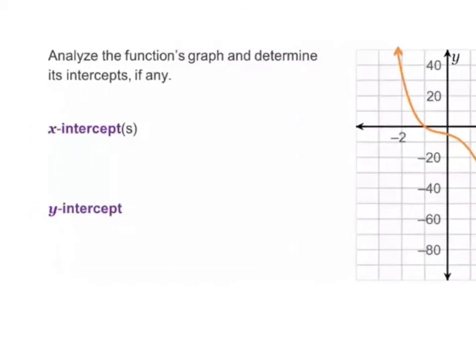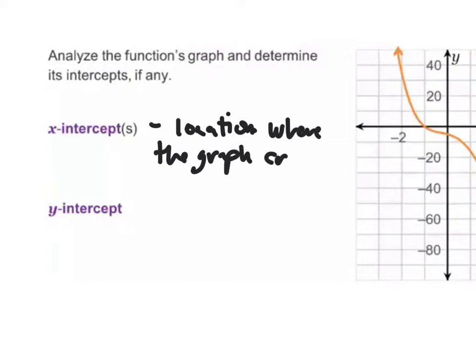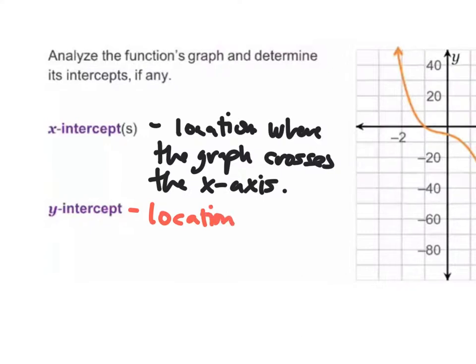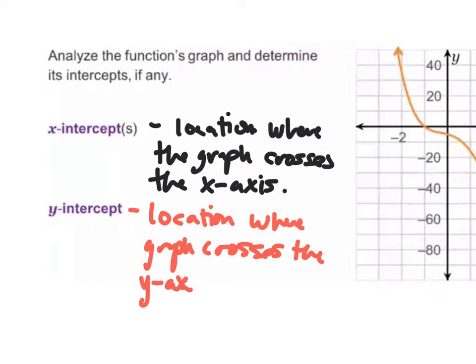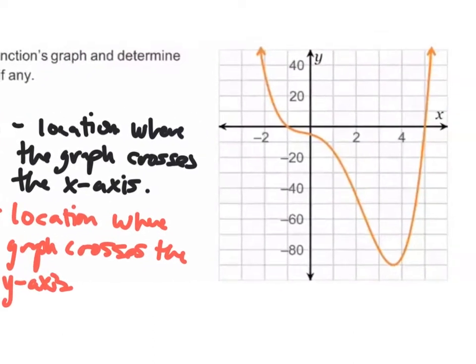The x-intercept is the location where the graph crosses the x-axis, and then the y-intercept is the location where the graph crosses the y-axis.